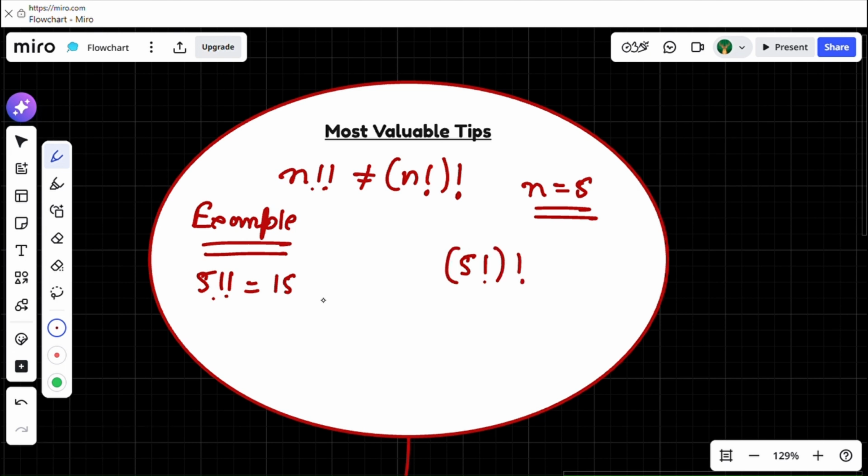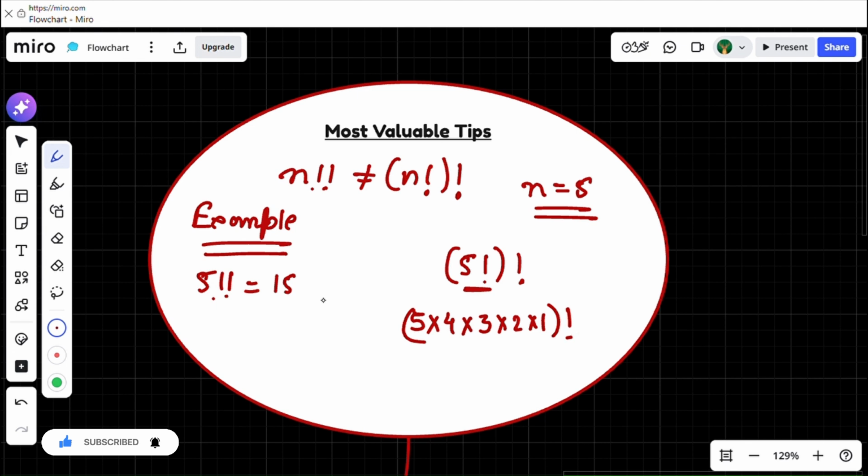Firstly we can find 5 single factorial. So 5 single factorial will be 5 multiplied by 4 multiplied by 3 multiplied by 2 multiplied by 1, which is equal to 120. This value is much bigger. That's why this is not equal.